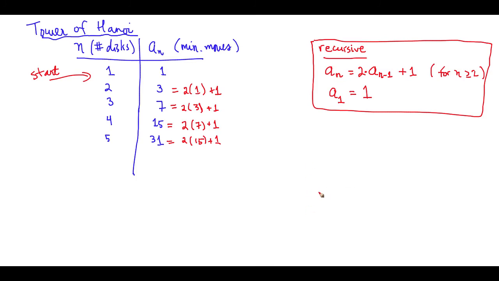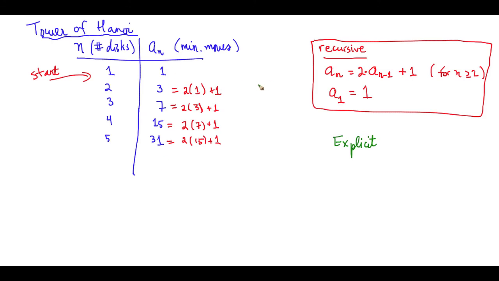Now let's move on and see if we can find an explicit formula, or at least figure out the beginnings of an explicit formula. What you'll notice here, or what I notice here, is that 1, 3, 7, 15, 31, they're very, very close to powers of 2.